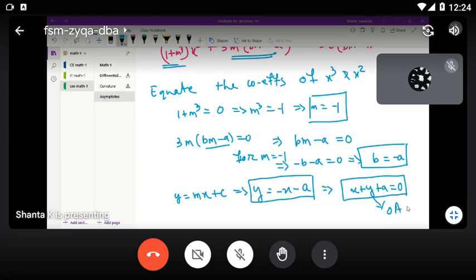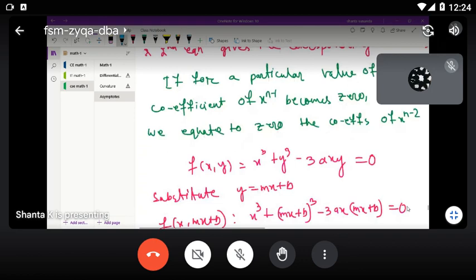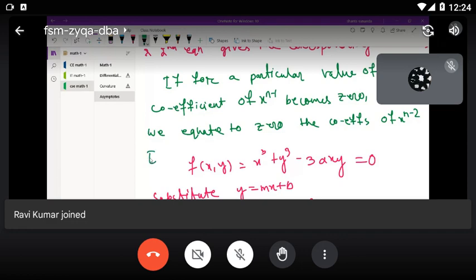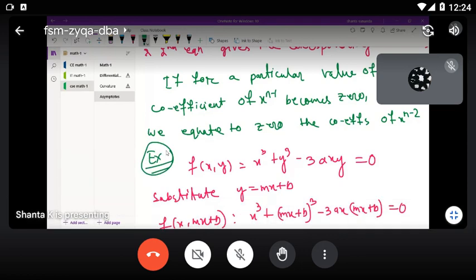Okay, and we don't have a horizontal one here. See x cube, the highest degree term of x, its coefficient is 1. So we cannot equate it to 0. So here we have no horizontal asymptotes.